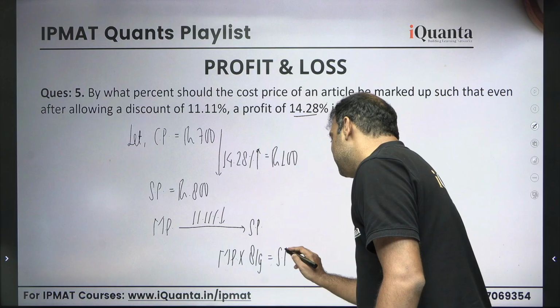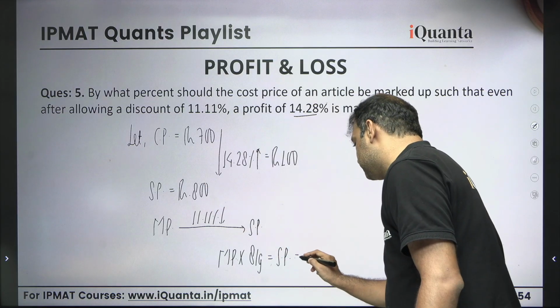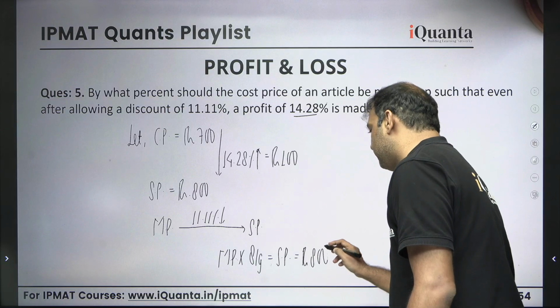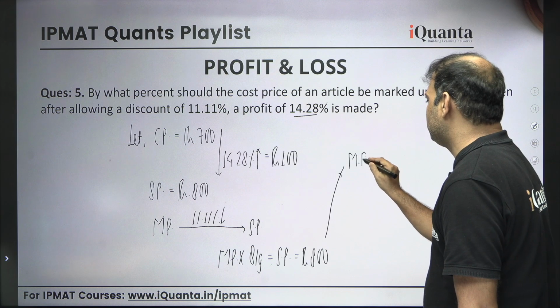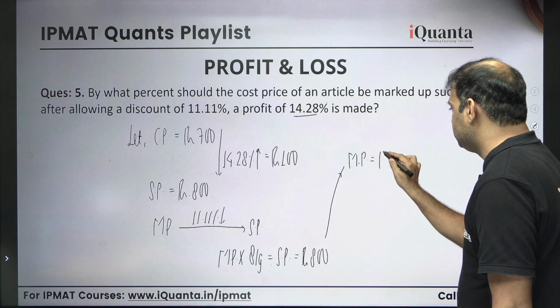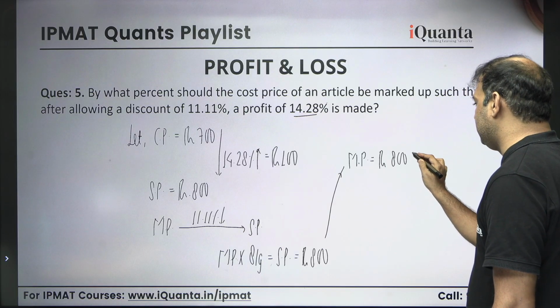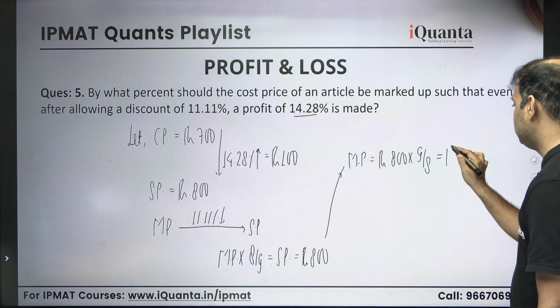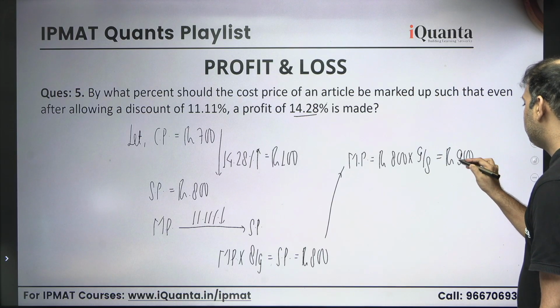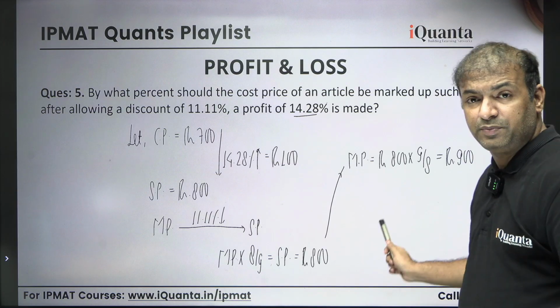All right, now the selling price we know is 800 in this case. So we can find out the mark price easily, right? Mark price should be how much? We'll say mark price has to be rupees 800 into 9 by 8. 800 by 8 is 100, into 9 is 900. So guys, we got the mark price as rupees 900.